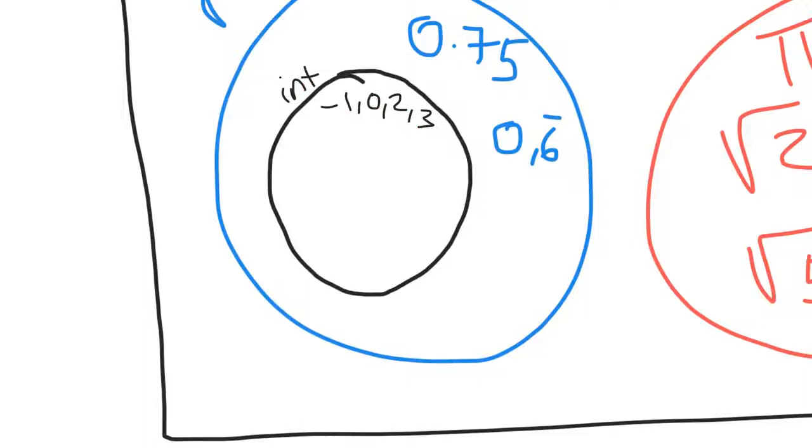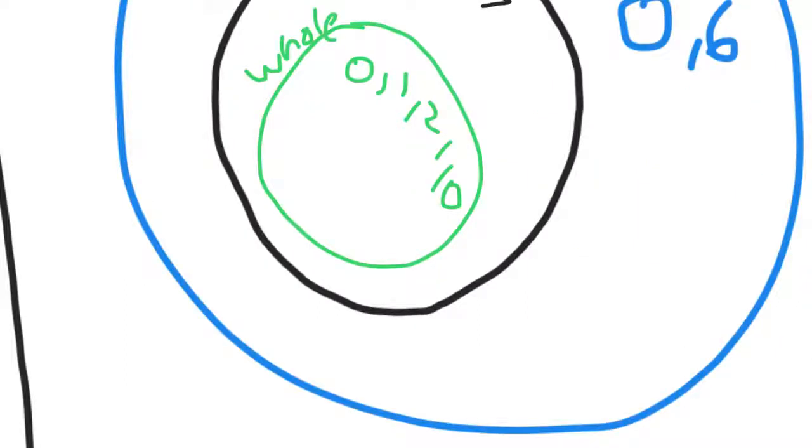That's integers. Inside integers, we have whole numbers. And that is all of the positive integers, including 0. So that would be things like 0, 1, 2, 10, etc. And inside the whole numbers, you have another set called natural numbers.